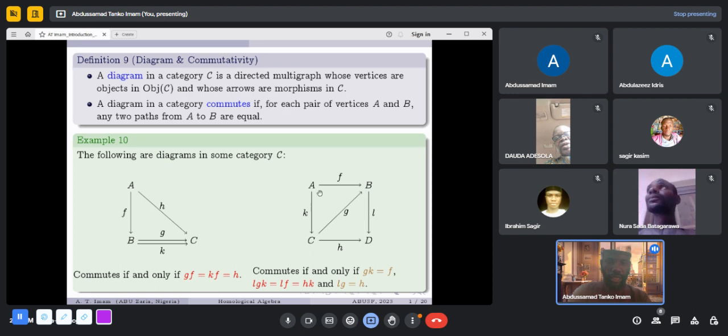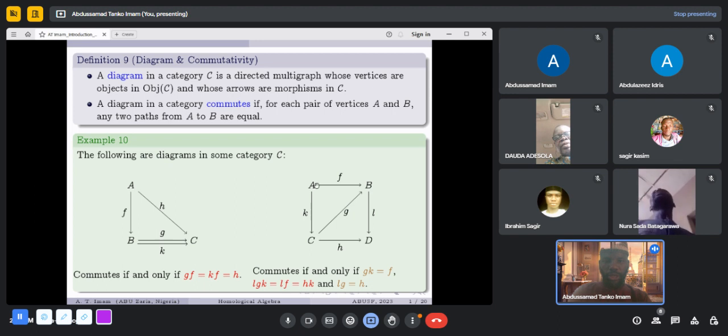When you look at this diagram also, if I'm to travel from A to B, I can do it in only one way, F. But from A to D, you can travel FL, or KGL, or KH, and all these compositions should be equal. Or if you are to travel from A to B, we made a mistake there, because from A to B you have two ways.